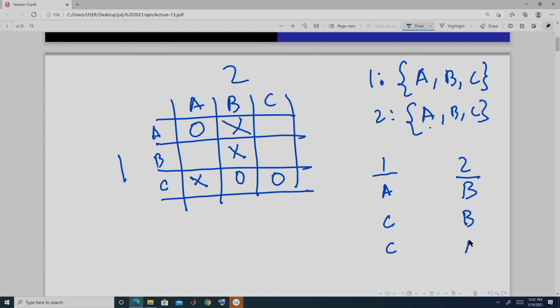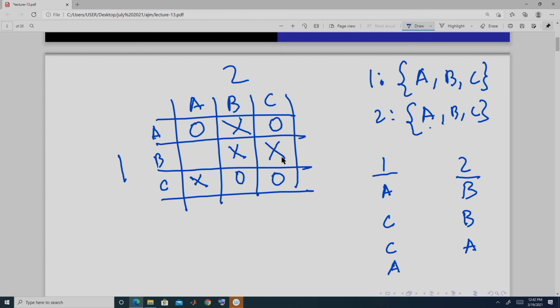So, it is A. Next, if player 1 leaves it, then what is going to happen? Player 2 will choose this and win the game. So, player 1 is going to choose here. So, it is again going to be A. Then if player 2 leaves this block, that is C for player 2, then player 1 will place here, that is B for player 1, and it will win the game.